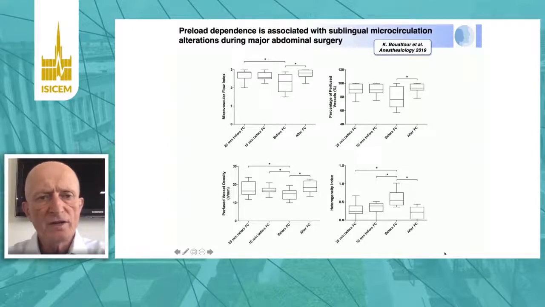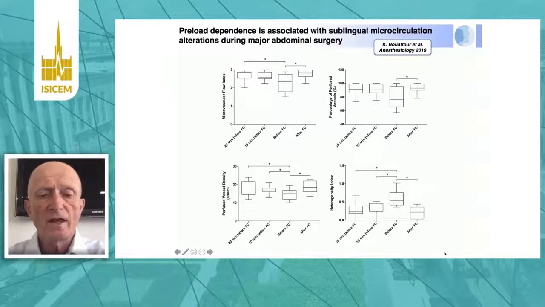We have a decrease in microvascular flow, a decrease in the density of micro vessels and an increase of the heterogeneity index.